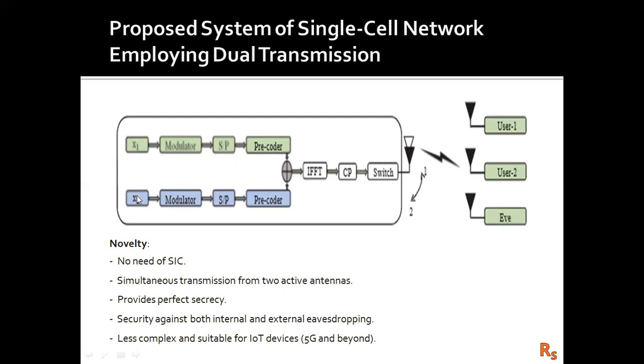These are the bits and the streams, and each one goes through a modulator. We suppose that it is a BPSK modulation, and the data is first serial, so we make it parallel, so it becomes a column vector basically, if you see on a MATLAB simulation coding.